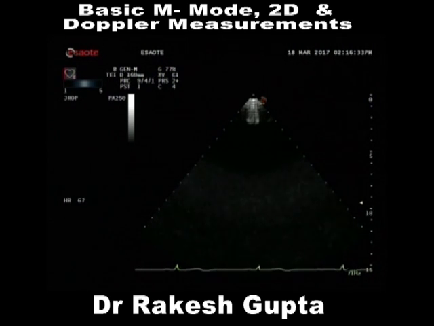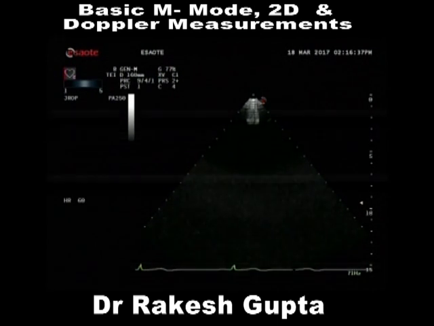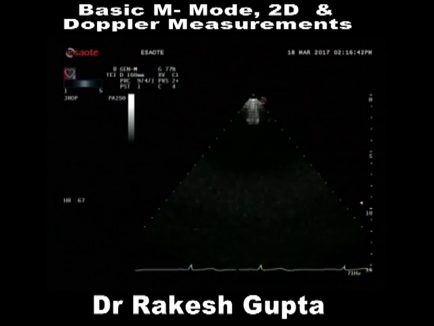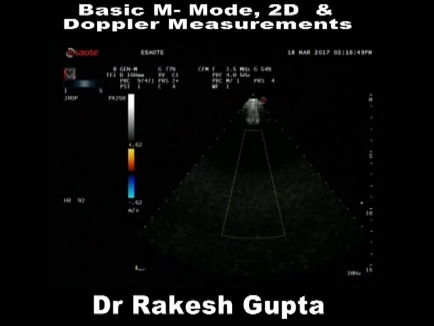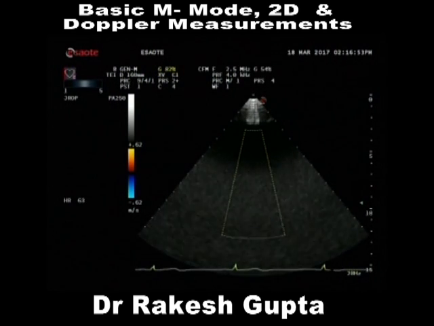Focus over here, then it will come. Okay, now switch on colors. As soon as he switches on color, what do you see over here? Red and blue. Prashar sir, I have already told you, this is the Nyquist limit. Correct? This is called the Nyquist limit.